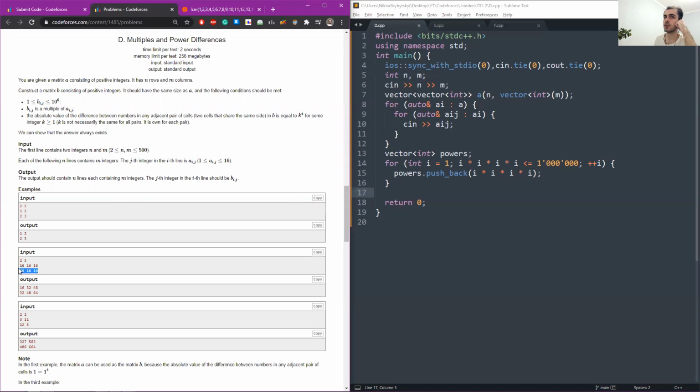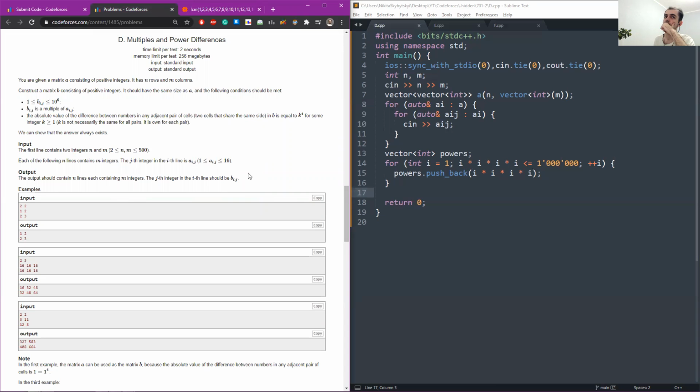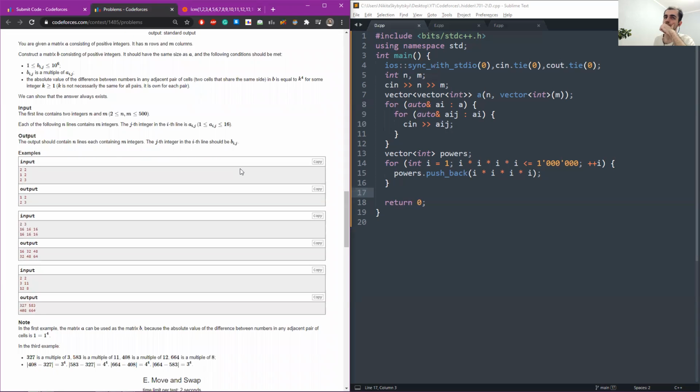Like here, for example, we have to make them different on purpose. It's not clear what we are expected to do here.